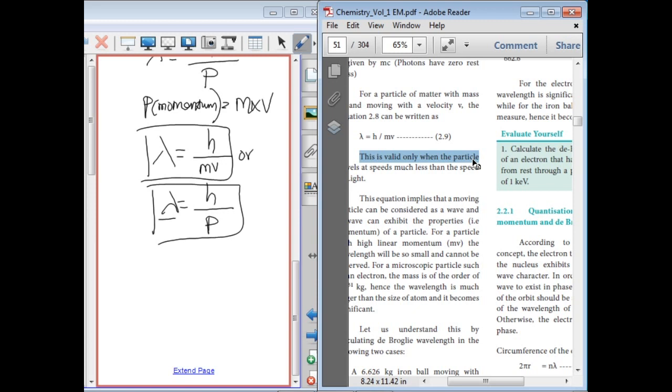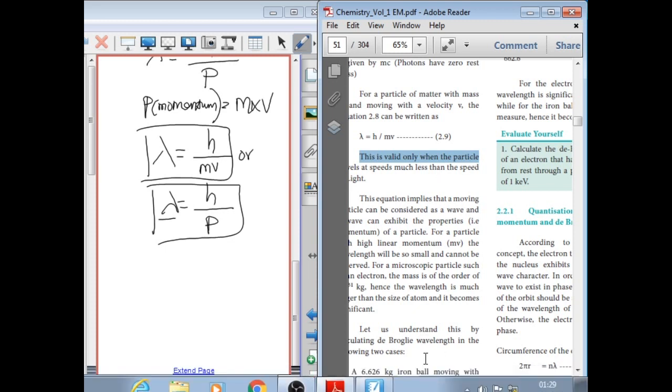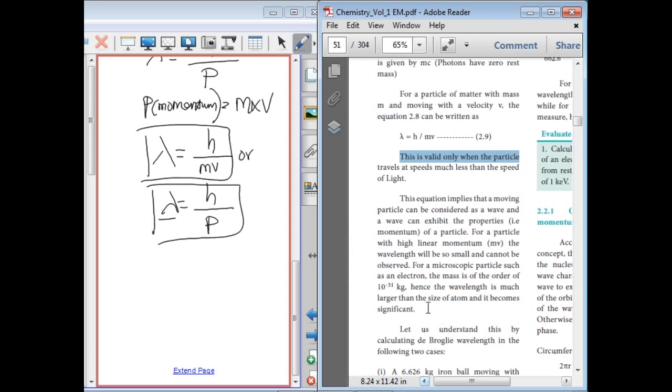For example, microscopic particles such as an electron, with mass of the order of 10 power minus 31 kilogram, the wavelength is much larger than the size of an atom. It becomes significant. Or simply, we can calculate the wavelength only of a microscopic particle, not a macroscopic particle.